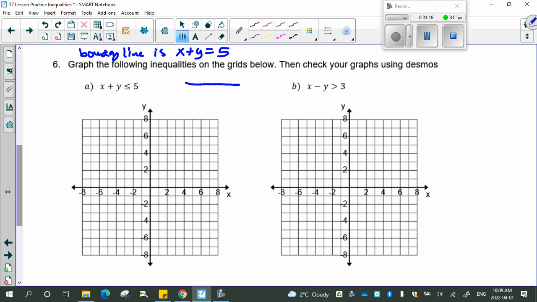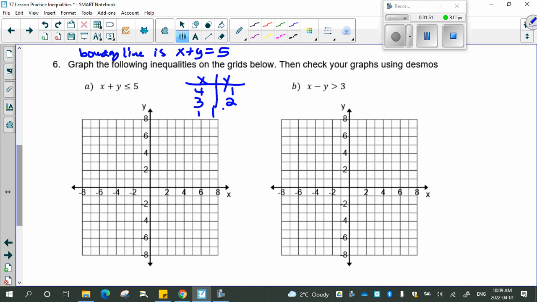And the way we did this is we found 2 values, an x and a y, that add up to 5. Anyone got a pair of numbers that add up to 5? 4 and 1. Another pair? 3 and 2. Another pair? You need 3 to start drawing your line. So one more pair that adds to 5?